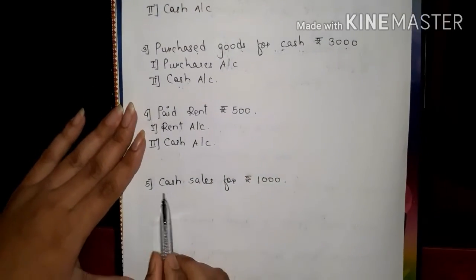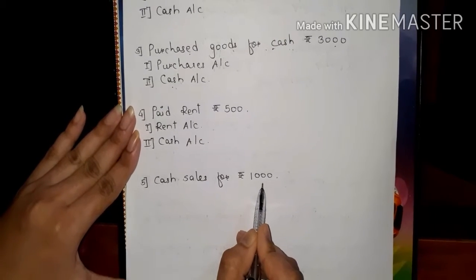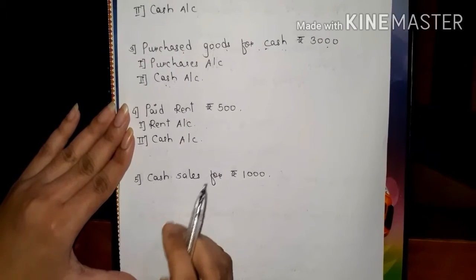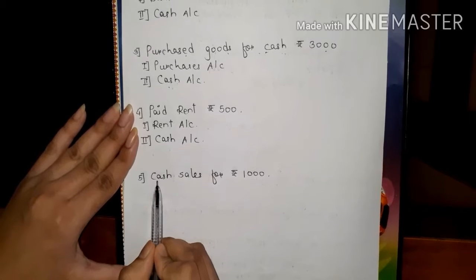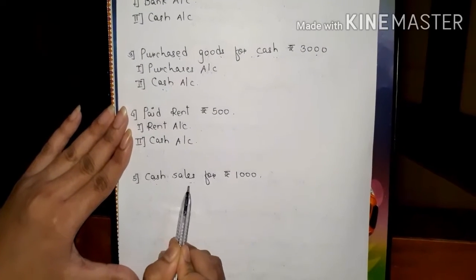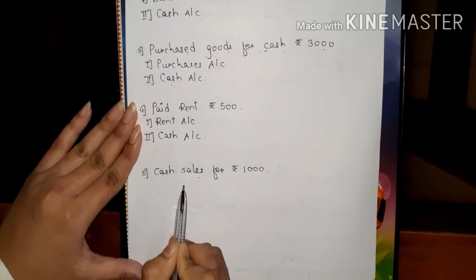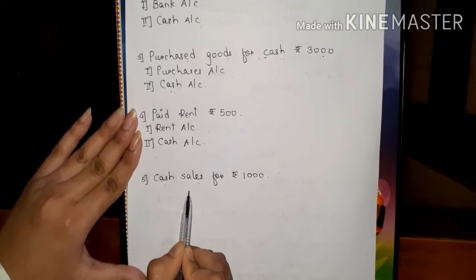Now next transaction. Cash sales for rupees 1,000. Now you may have a question over here: what is cash sales? If we have sold goods and received payment immediately in cash, that is called cash sales. That is selling goods and in exchange we are getting cash as payment from the buyer.